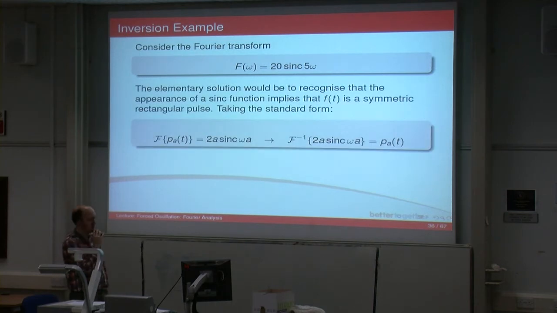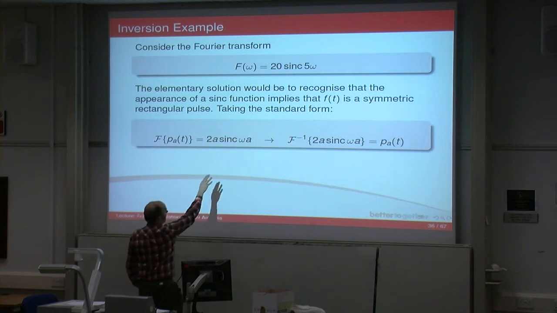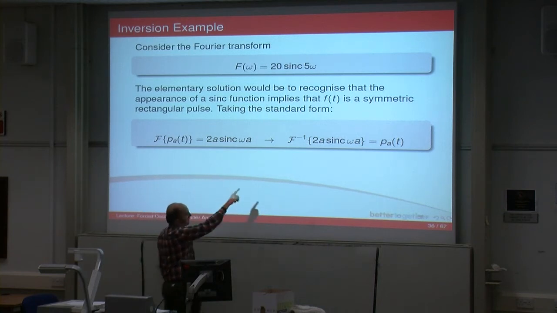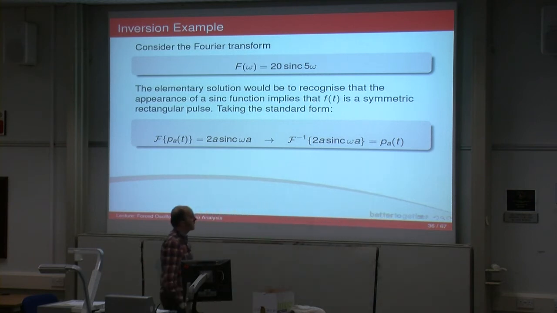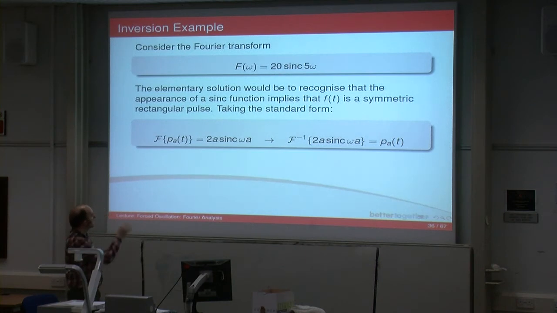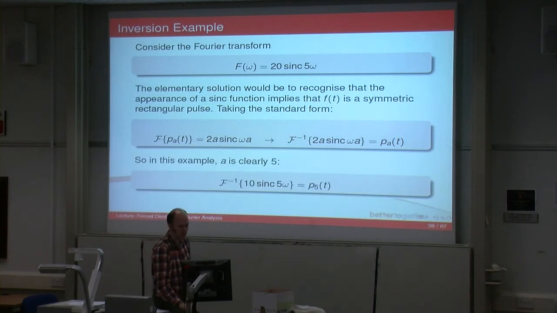Well, we know that 2a sinc of a omega ends up being a rectangular pulse of width 2a, which could be written p_a as a function of time. So it's just a matter of translating that into what we've been given as a frequency domain function.